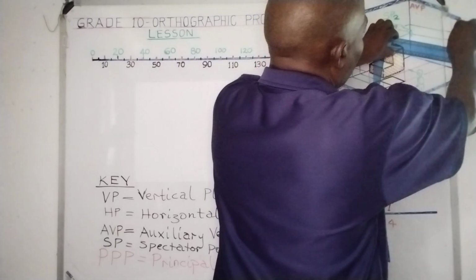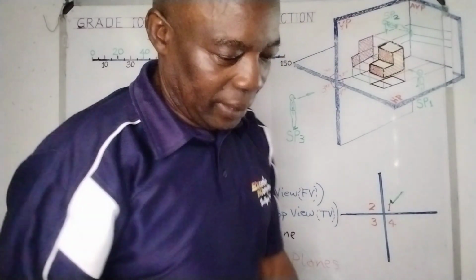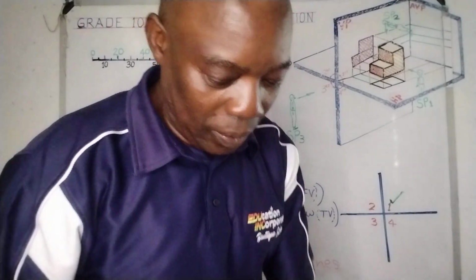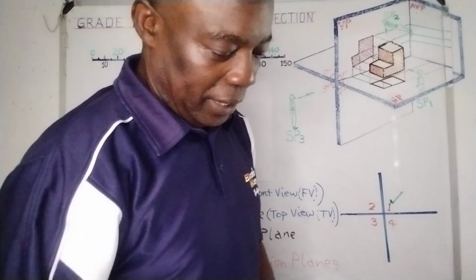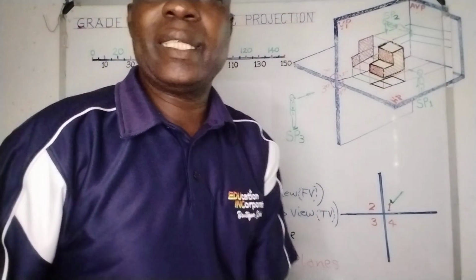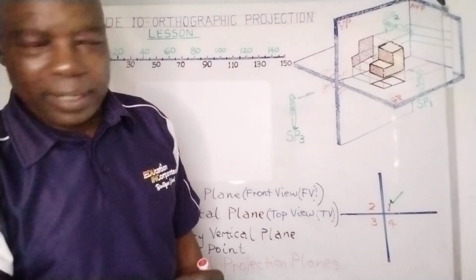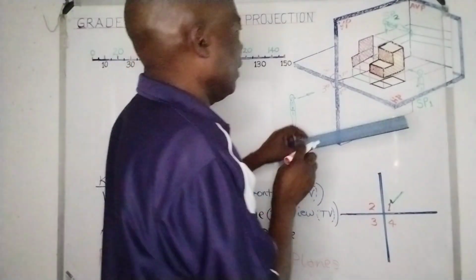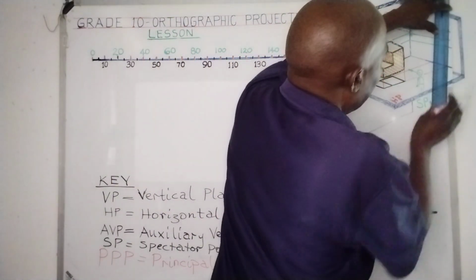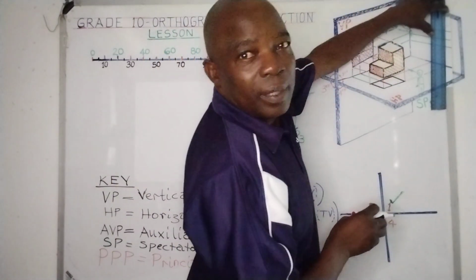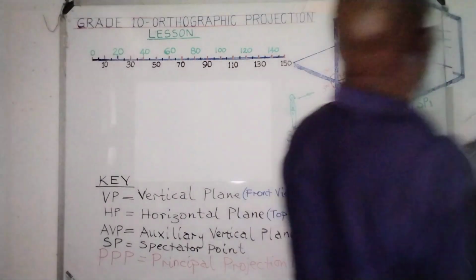And then we now do this. So this is now our, if you project this, it will come there. You see that? So that's the point of intersection. Outline this, that will give the side that we see from spectator point 3. Let's outline that. Right.